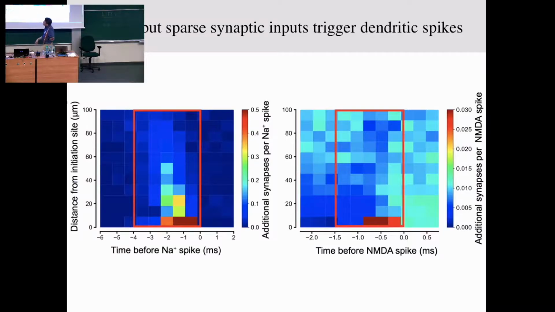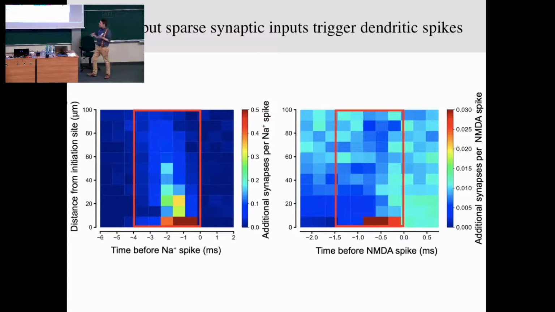And you can see the sodium spike is mostly, and this is kind of background subtracted, you can see kind of above 0 the extra synapses that happen by chance, because everything is random, over and above the average synaptic input rate. And you can see that they extend up to 50 or 80 microns from that location, and they go back in time, at the slight diagonal, a few milliseconds.